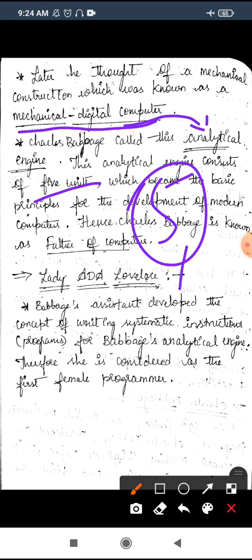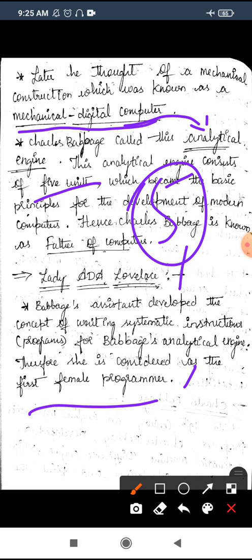So next, one more scientist by the name of Lady Ada Lovelace. She was working as an assistant for Professor Babbage. She was assisting in the programming part for Charles Babbage. She wrote many programs for the hardware developed by Charles Babbage. So she is called the first programmer, the first female programmer.